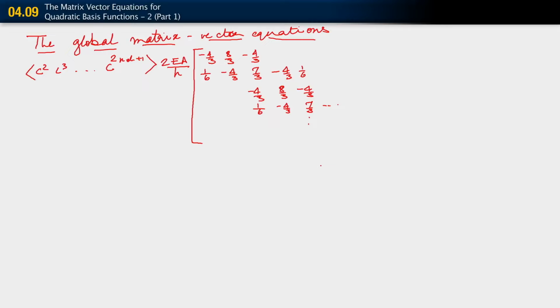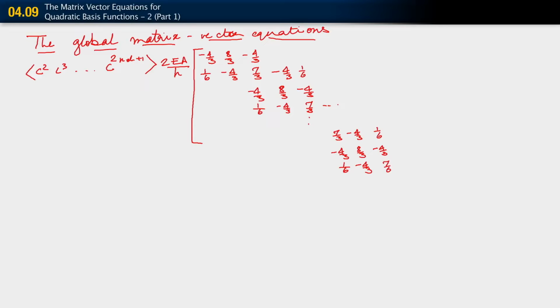And at the very bottom right of this matrix, we'd get 7 over 3, minus 4 over 3, 1/6, minus 4 over 3, 8 over 3, minus 4 over 3, 1/6, minus 4 over 3, 7/6.